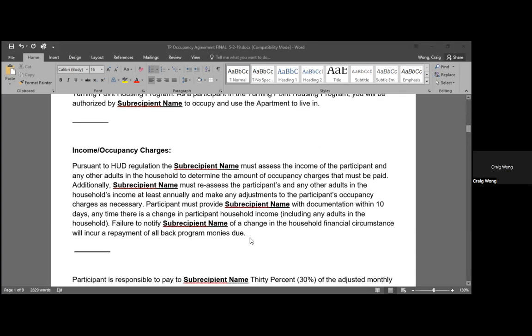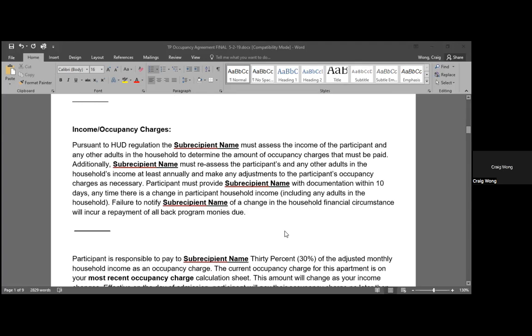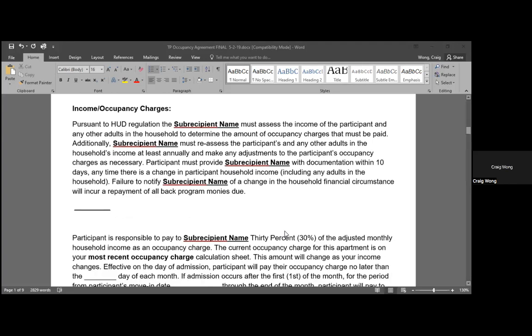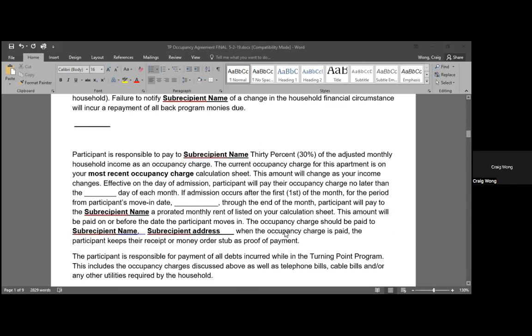Income information should also be a part of your occupancy agreement. If your program charges an occupancy charge as part of your program, then that information would be documented here. Generally, in our permanent supportive housing programs, it is 30% of the adjusted monthly household income, and that information would be documented here.